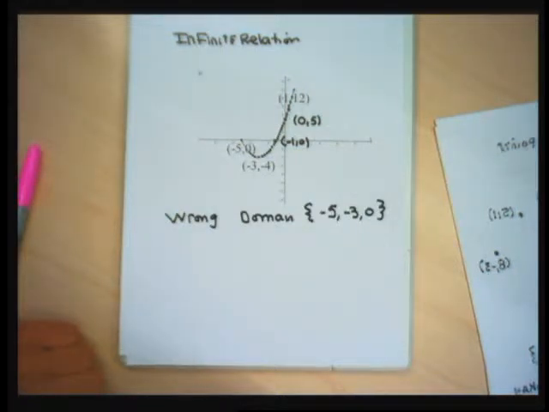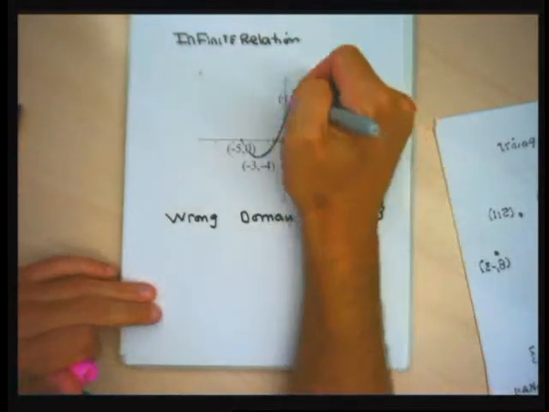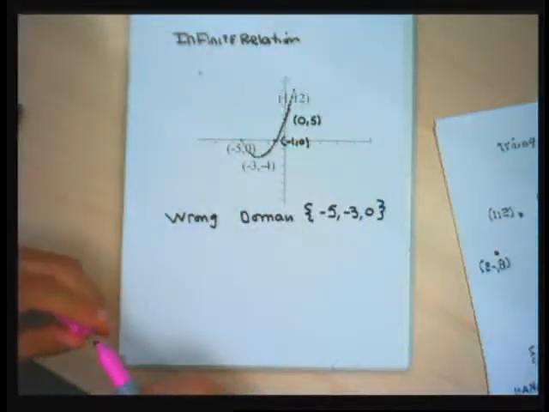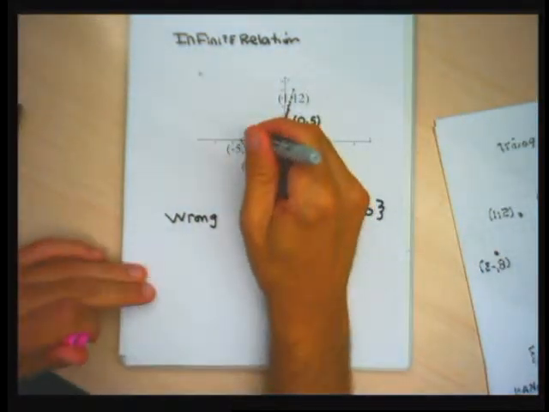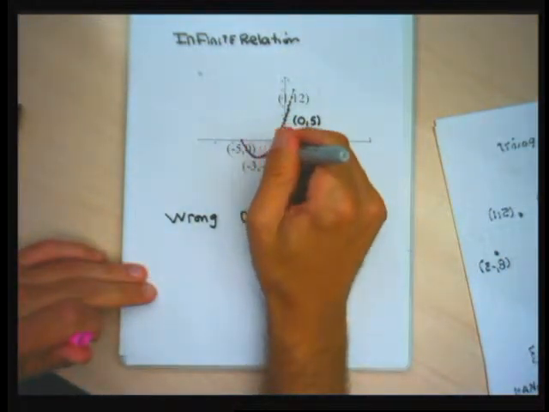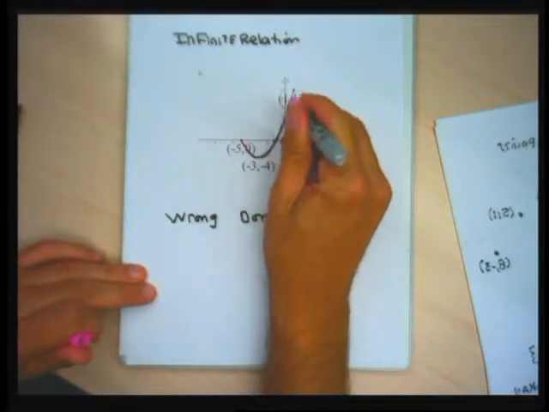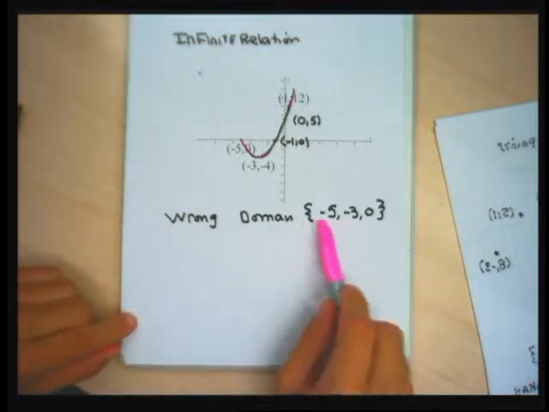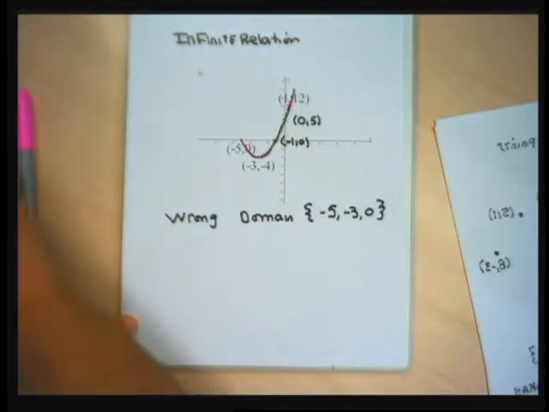If you can find the x value of each one of those points, you could start to list the x values of some of the points of the relation, but I still haven't gotten all the points. I haven't drawn, there's more points that I can draw. So this is an infinite relation because any place where the graph is connected, there's infinitely many points, and it would be wrong to write the domain listing all the x values.